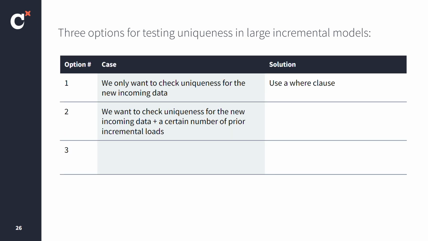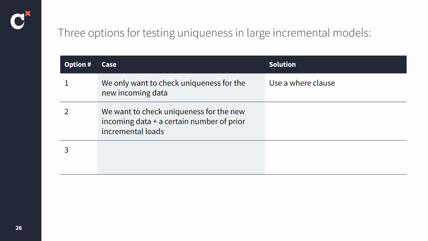The second thing is sometimes you might want to, and we actually use this one more often, check uniqueness for the new incoming data plus a certain number of prior loads. So maybe you've done this very aggressive thing that I just told you about, where you have removed the unique key from your config, and you are just appending new rows, and you are worried that that logic is not working out quite right, and you might be duplicating rows from one batch to the next.